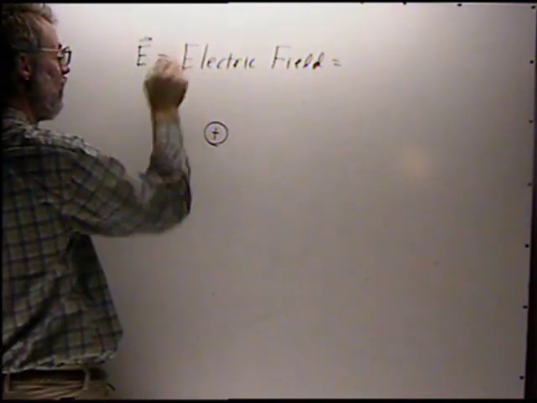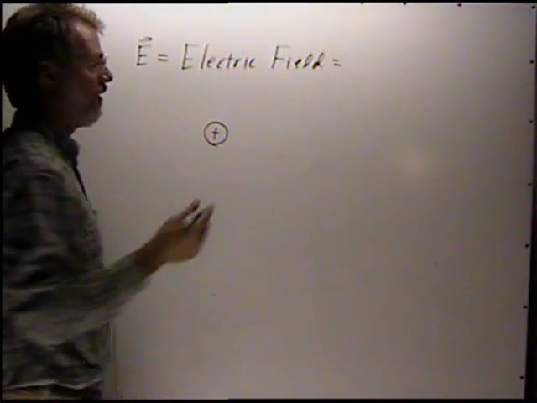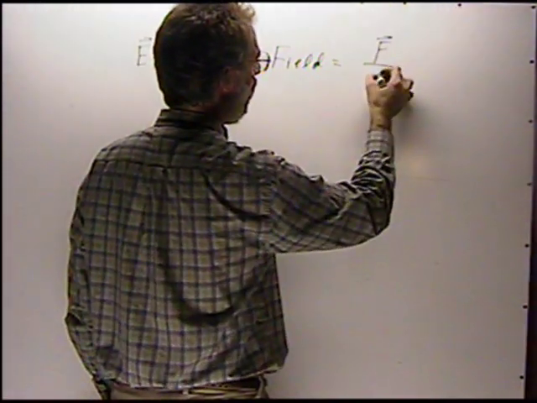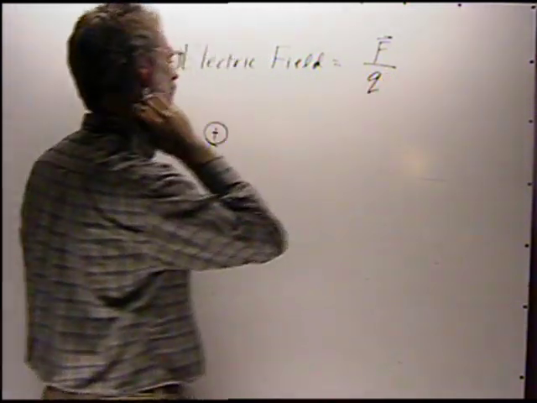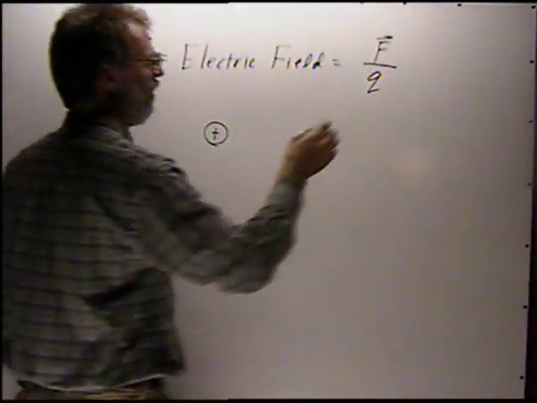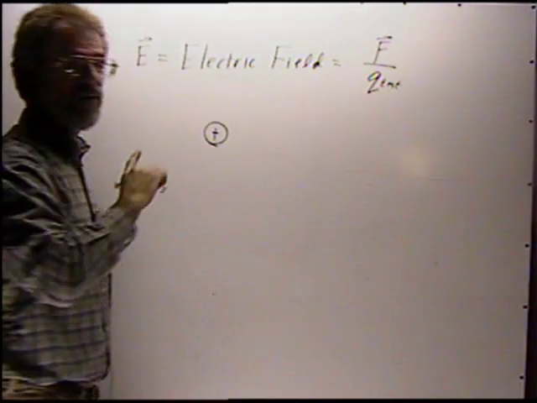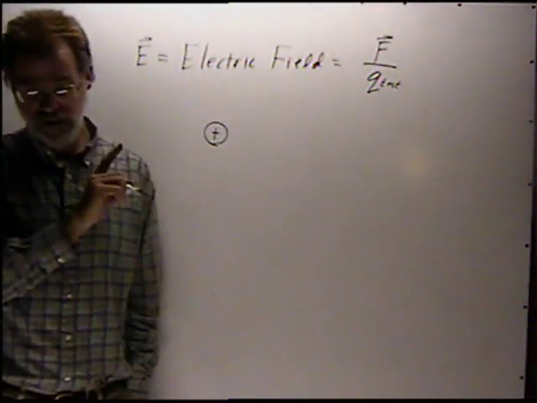It's a vector quantity, just like a force is a vector quantity. It's the force divided by a charge. In this case, this charge here is a little test charge, and I'm going to describe exactly what that means in a second.